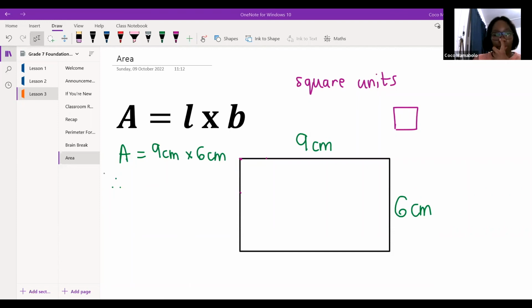I don't know how we got 34. Olanda, maybe calculate again. There we go. We're forgetting something very important, guys. Units. Good. Thank you, Teacher Kat. We're forgetting units.